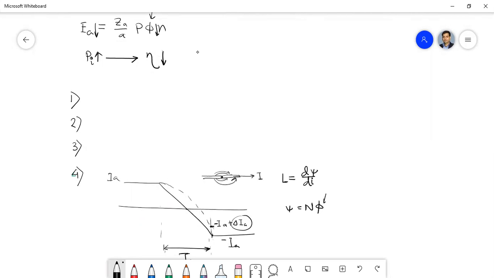As there is some flux in the commutation region due to the resultant distorted flux distribution, the inductance effect, or the delaying effect of the commutation, will be there due to the armature reaction. Is this point clear?